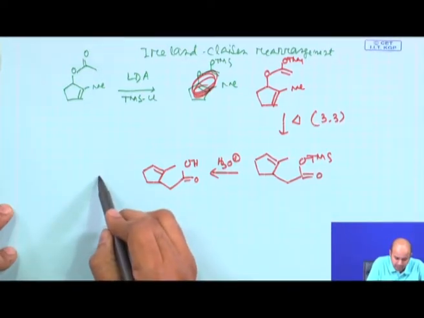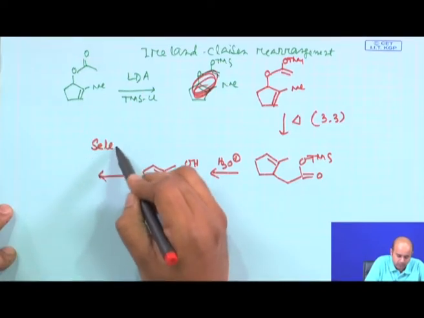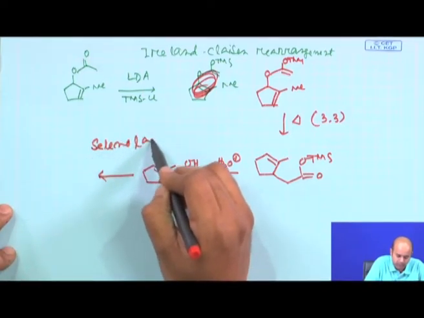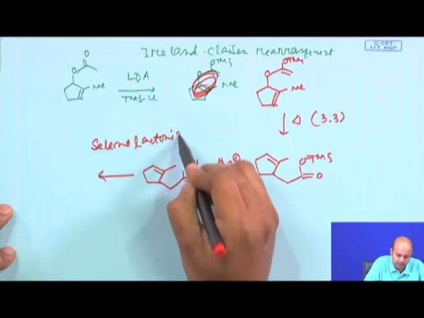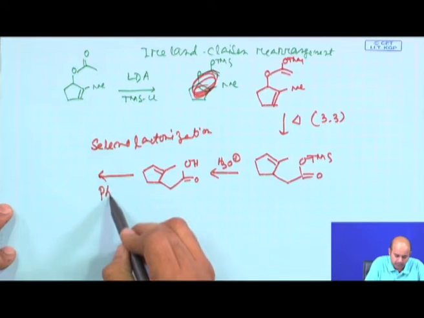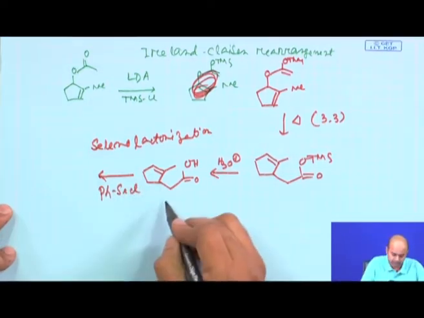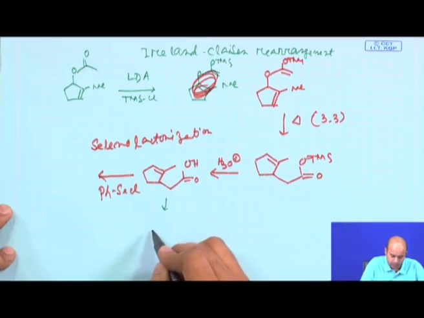We will try another reaction which is named selenolactonization. What is that? We will now treat the compound with phenyl selenium chloride. It has similar properties to iodo or bromo.